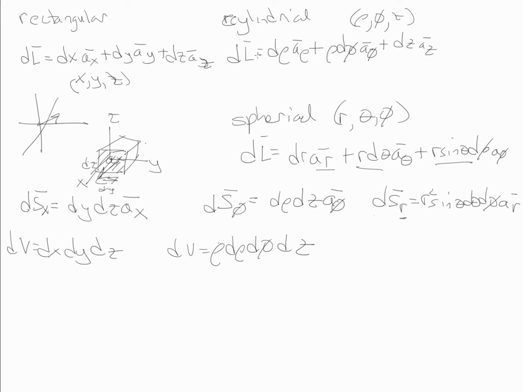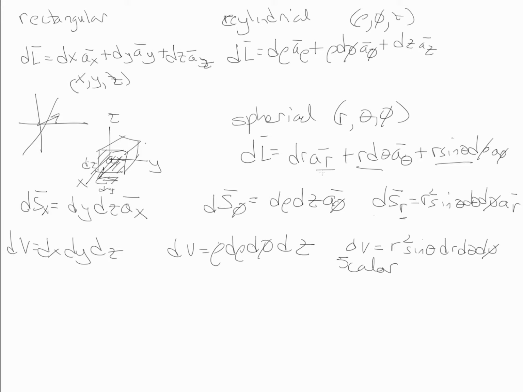And likewise for the spherical system, it's going to be r squared sine theta, dr, d theta, d phi. And the volume is a scalar. So just remember that. Volume is a scalar, while the surfaces are vectors.